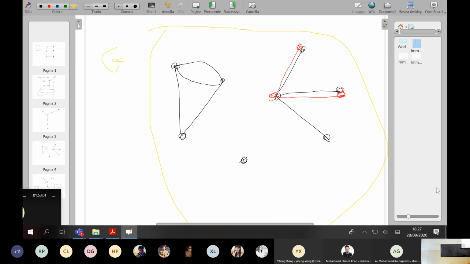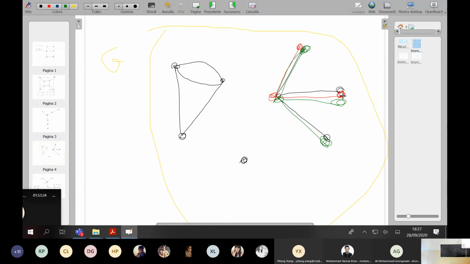If I pick up this green subgraph, it is also connected and contains the red one. So the red one is connected, but it's not maximal with respect to connectedness.